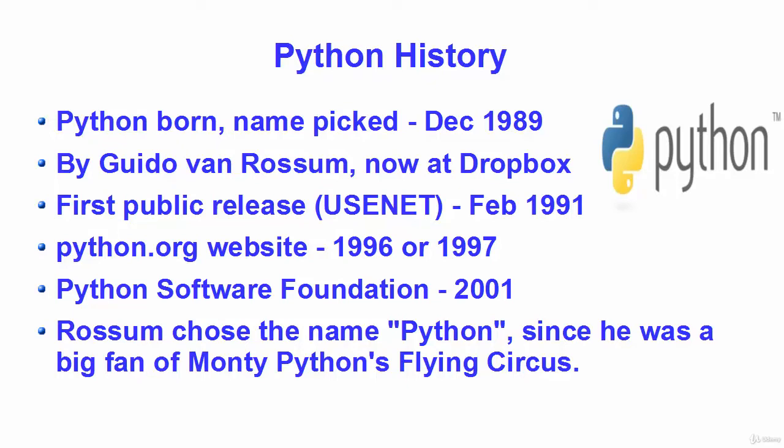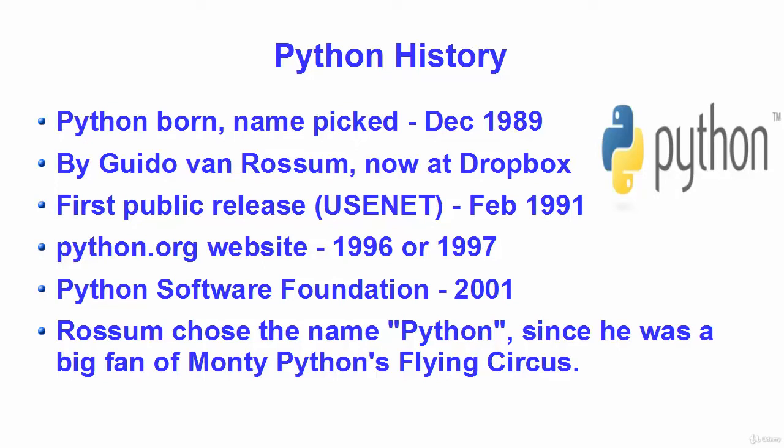Now, Guido van Rossum worked at Google from 2005 to December 2012, where he spent half of his time in the development of the Python programming language. And nowadays, Van Rossum is working in a company called Dropbox. And where does the Python name come from? Rossum chose the name Python since he was a big fan of Monty Python's Flying Circus.